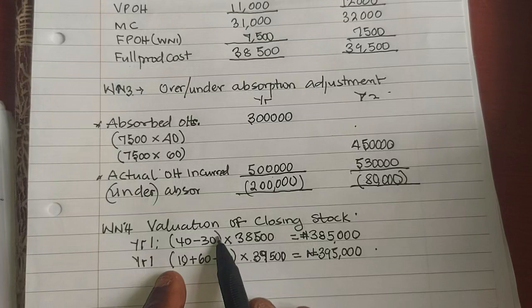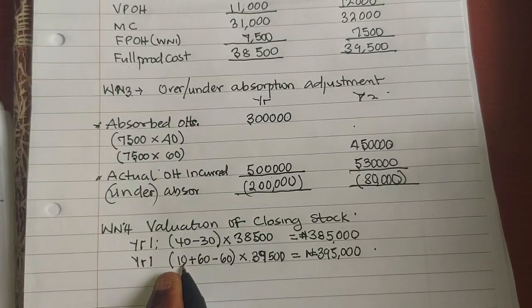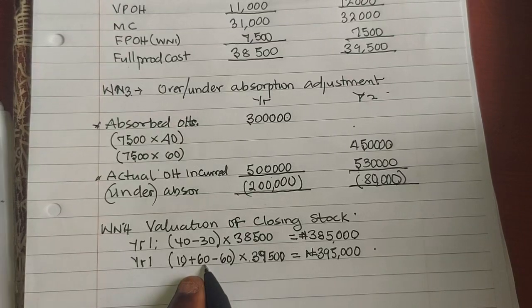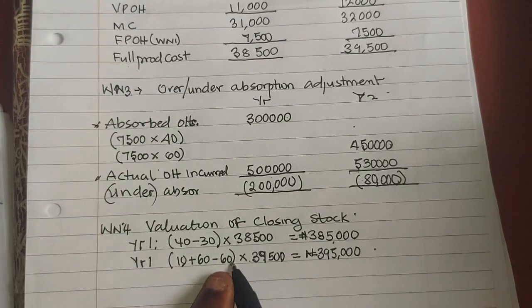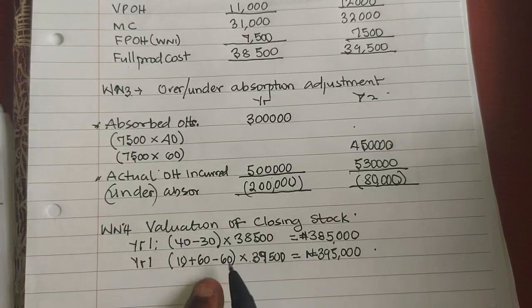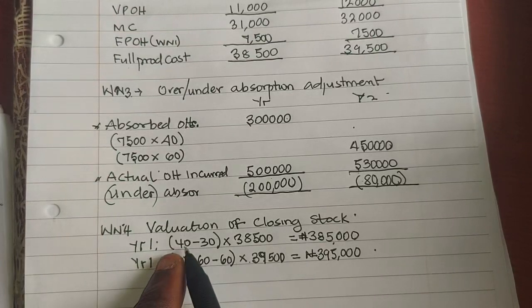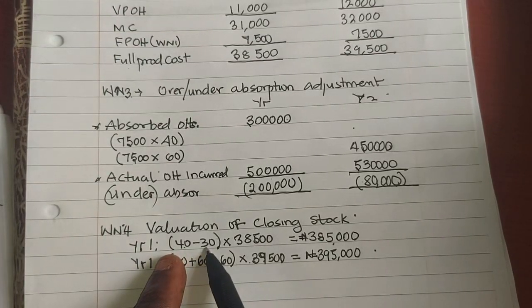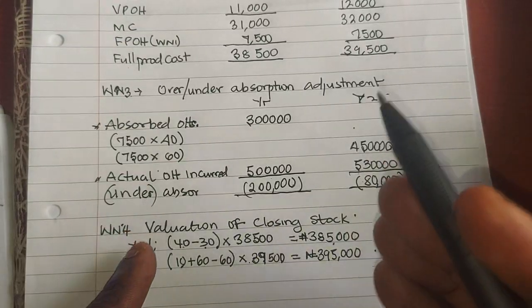I will repeat this. The closing stock here will come as opening stock. Then you produce 60, you sold 60. So the closing stock still remains 10. But in year 1, you produce 40, you sold 30. So what remains at the end of the year? 10.